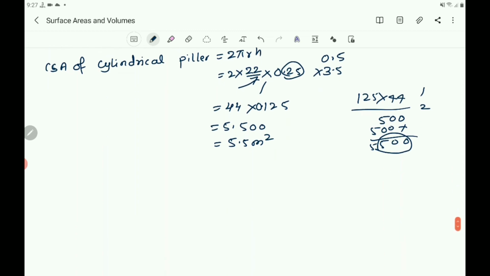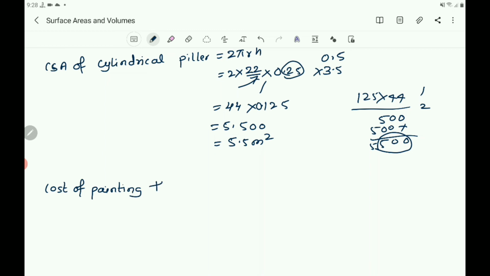Cost of painting is 12 rupees 50 paise per meter square. Then the cost of painting the pillar equals 12.50 into 5.5.